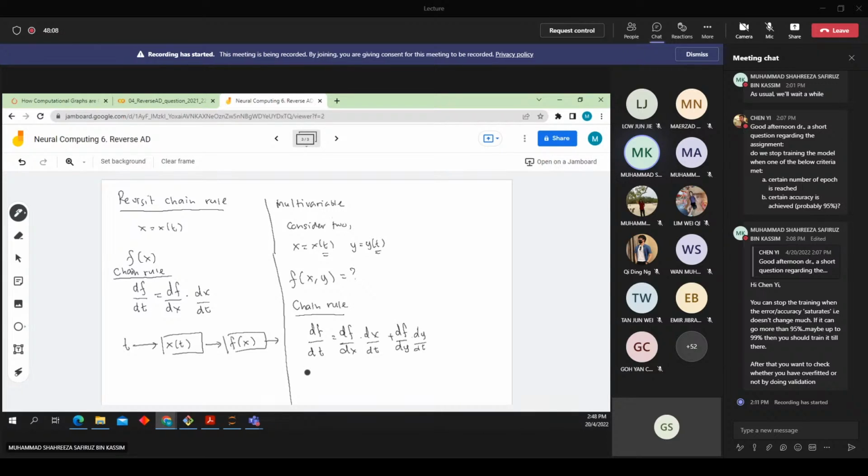This is if you have t, and it goes to x of t and y of t, and then both come into f of x and y. And of course, you can generalize this to multiple variables.